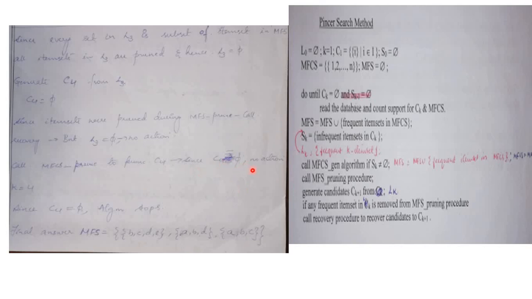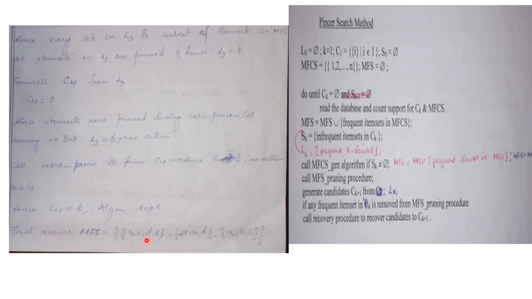Since my C4 is equal to null, once again there is no action taking place, and I increment K as 4. I increment K as 4 and I come back to the loop. Now since C4 is equal to null, the algorithm stops there.